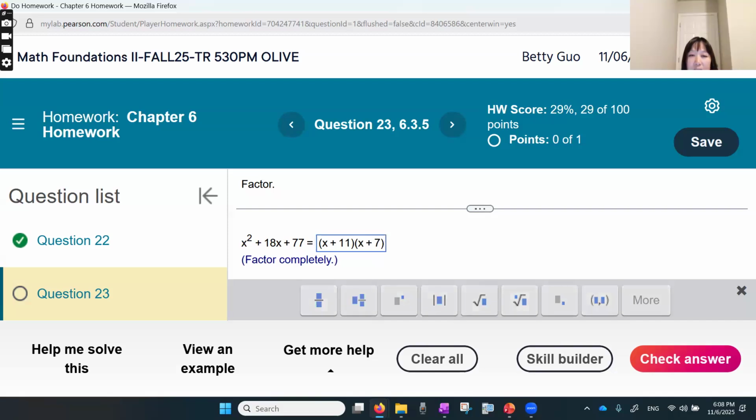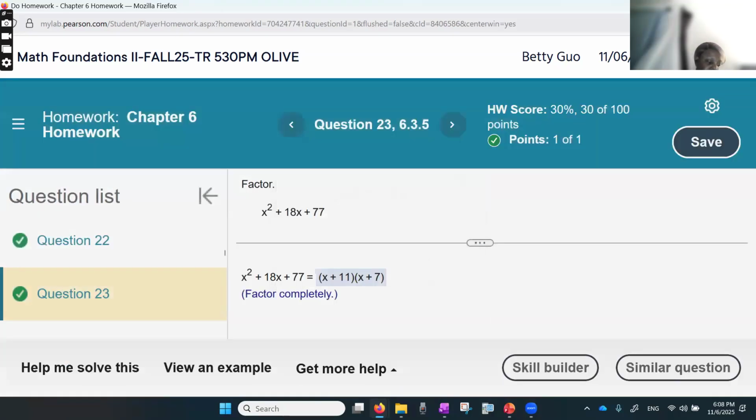Exactly. 11 times 7 is 77, right? The only way to factor 77 besides 1 times 77 is 11 times 7. And they add up to 18, right? Very good.